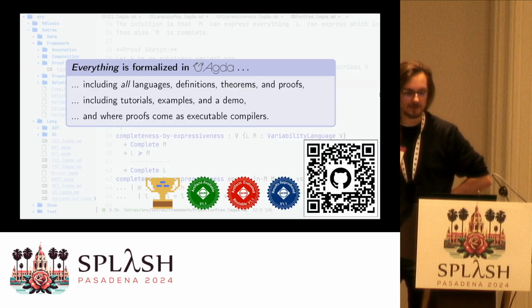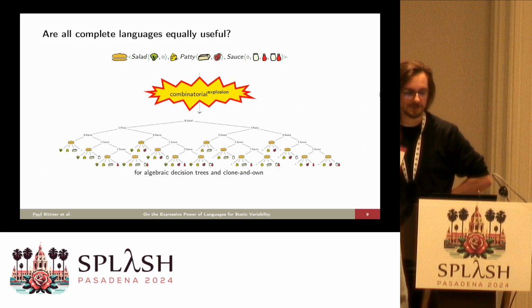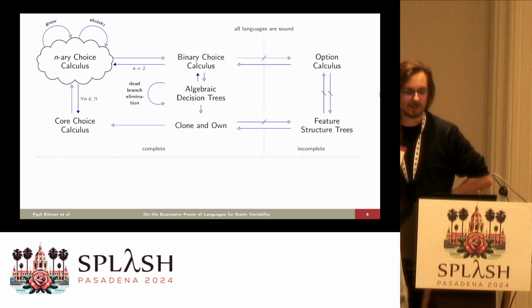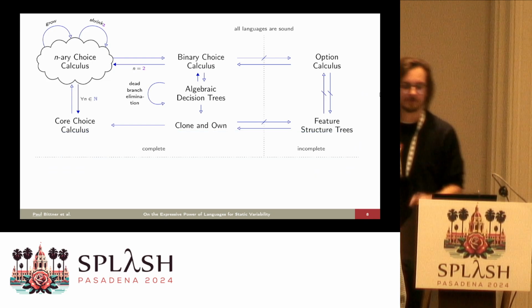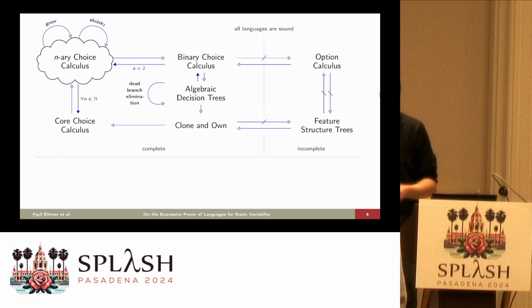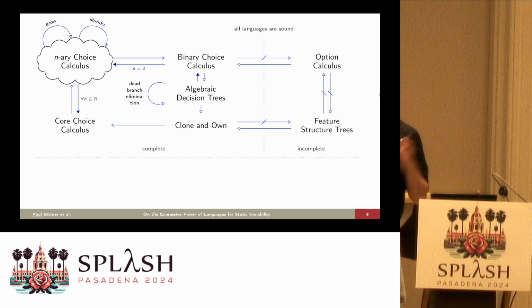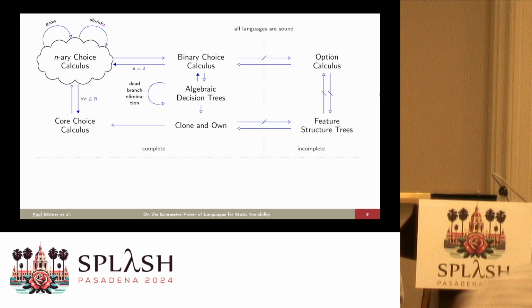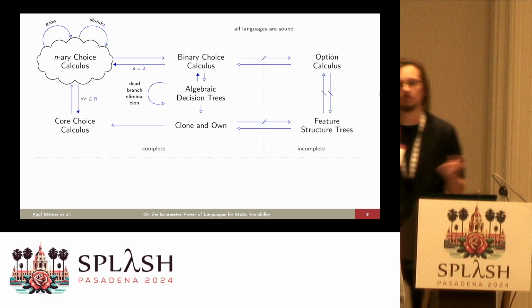Yeah, that's also a good question. So let me go back to this map. We have thought of this, and one of the reviewers also asked this concern: you found one semantic domain, and for this it's complete, but what about these languages on the right? Maybe there are better semantic domains. And there are indeed some syntactic properties, for example of feature structure trees, that make them incomplete, but it's not an unreasonable choice. It's a design decision they made for some good purpose.